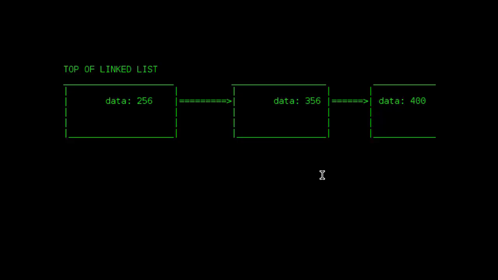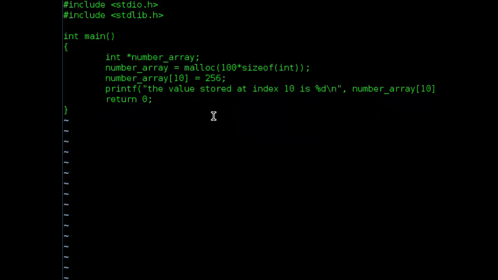So now we can get started with the data structures we're going to need for our linked list. To get started, we can have two structures, one for the list itself and the other for the actual nodes that will contain the data.